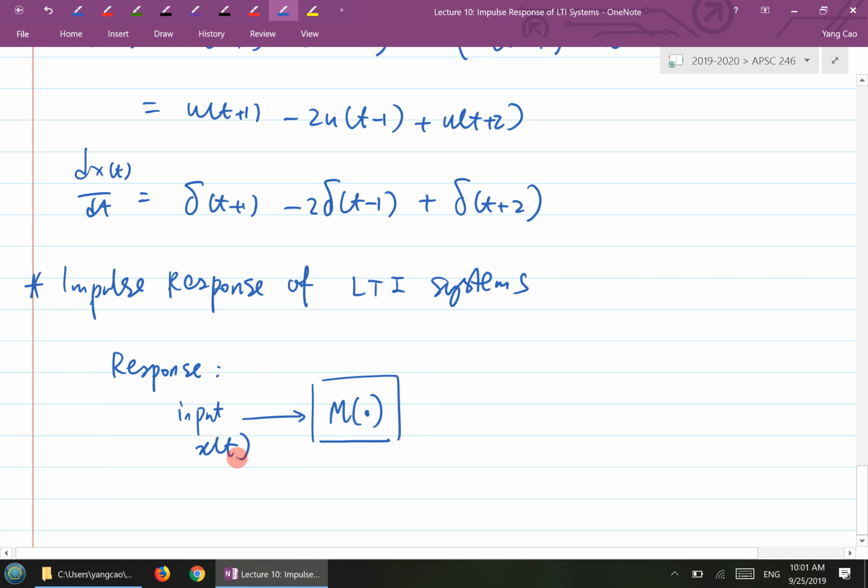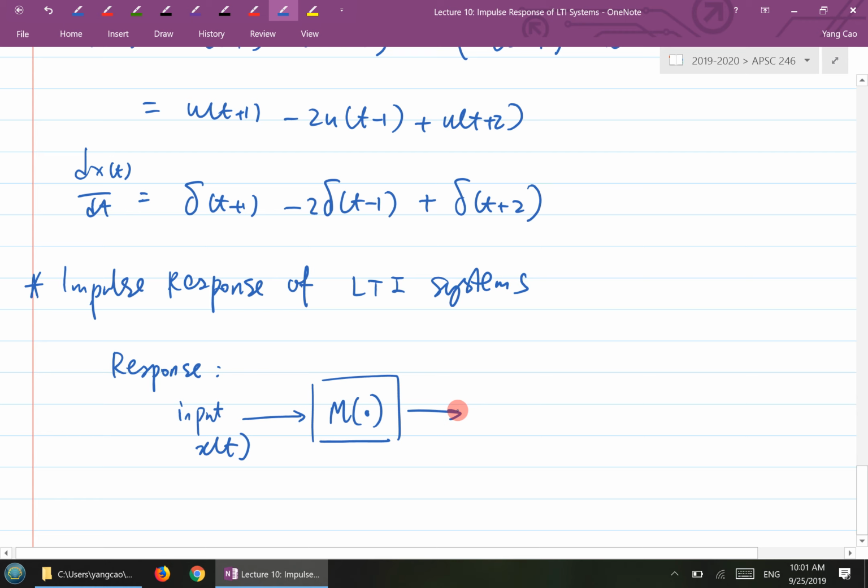So we feed the system with a certain type of input. The input can be as simple as a constant, or as complicated as a sine, cosine, or a combination. Or as later we're going to see, it could be even just an impulse signal. Basically any time function.